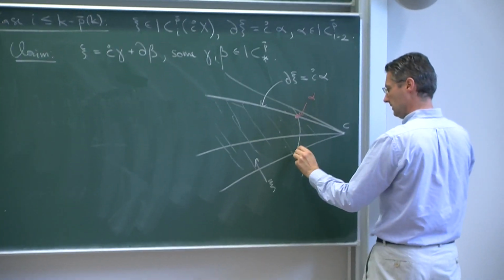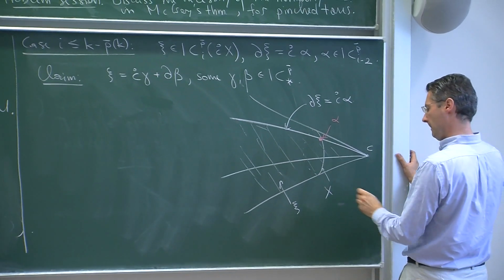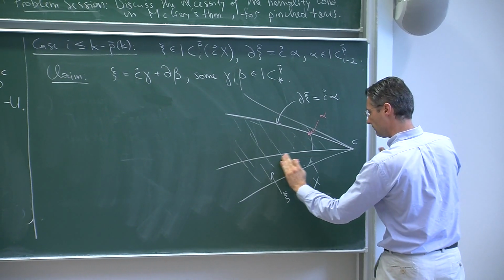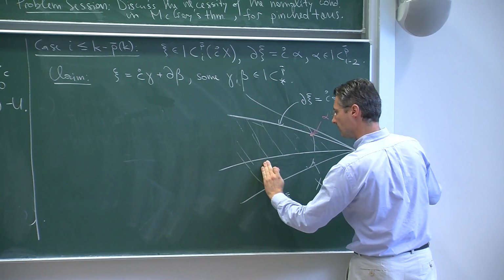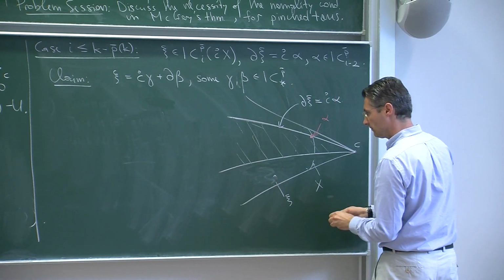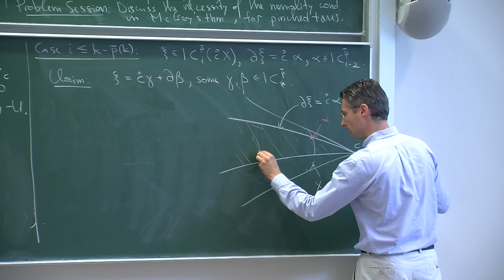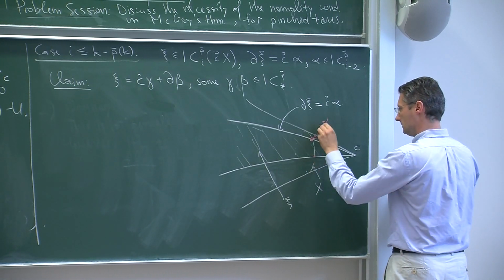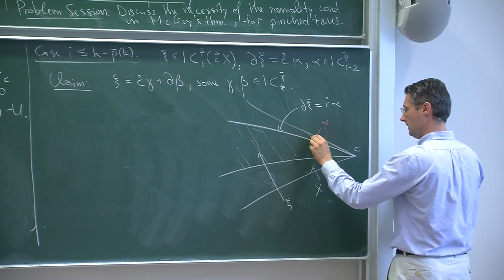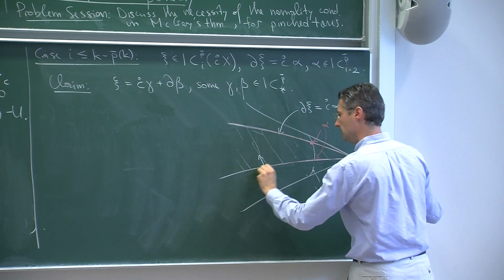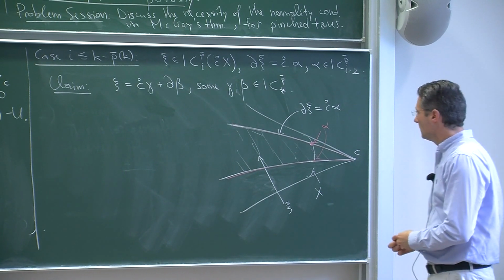So here's alpha, and then you take the cone on alpha, and that's the boundary of your Xi.